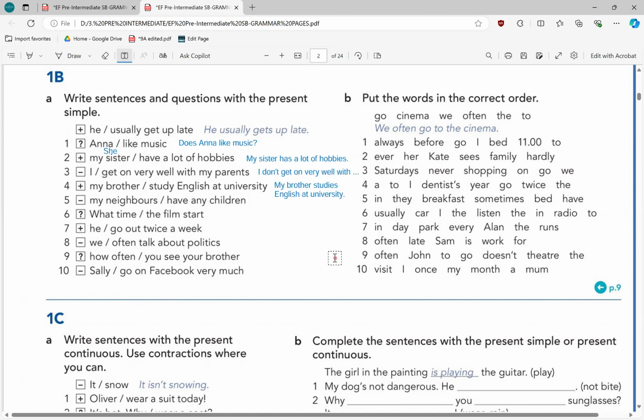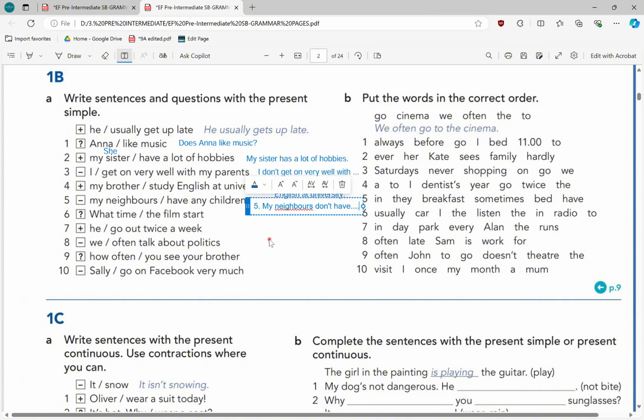And number 5 is negative. It's a minus sign here. So my neighbors, the plural, is they. My neighbors is plural, so it will be they don't have any children. So number 5, my neighbors don't have. The rest is the same.